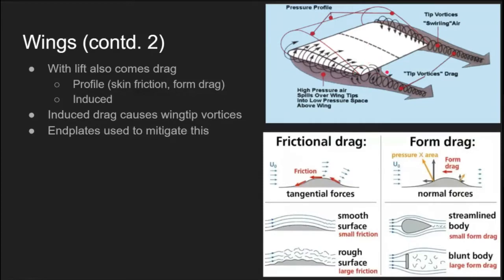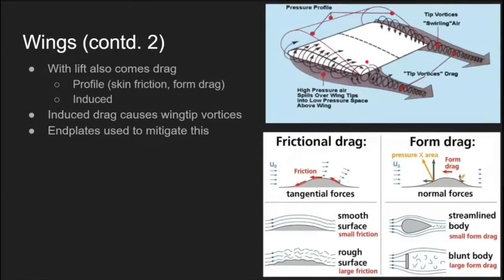So, like I said before, air wants to move from high pressure to low pressure. There's no physical barrier here on the actual end of the wing. So there's nothing stopping the high pressure air from coming from the bottom surface and rolling over onto the top surface where there's low pressure, right?